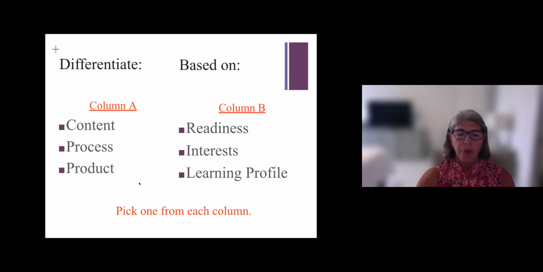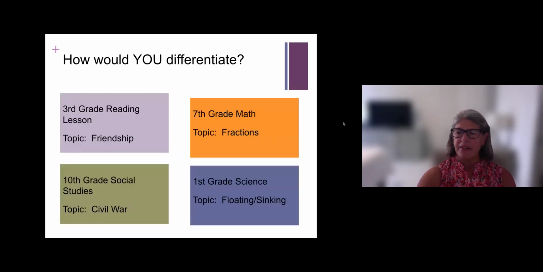So we're going to now practice this a little bit and see if you can use your creative thinking to do this. And because of this activity, I'm going to put you into groups based on your interests. So I'm going to open up 4 breakout rooms. And in those breakout rooms, you're going to talk about whatever your topic is.